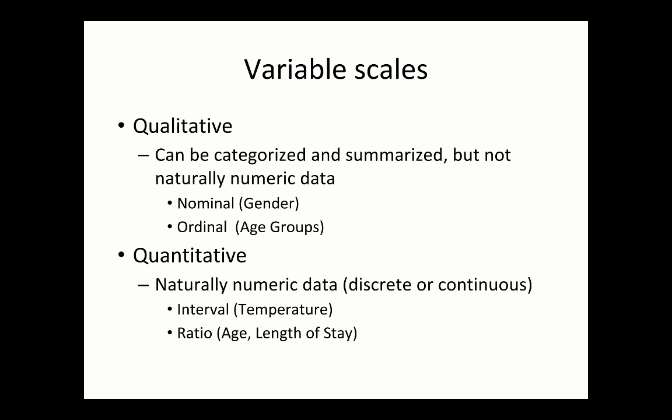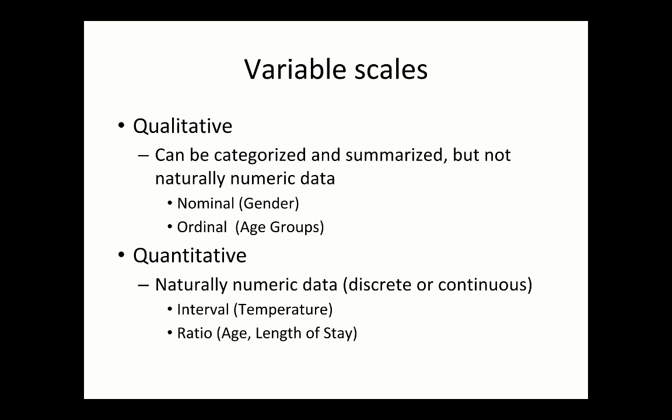Now, quantitative data is naturally numeric and takes on two main forms: interval and ratio. Interval data is numeric, where the distance between the two values has meaning. But if we were to multiply those values, it no longer has its meaning. A common example is temperature, where you can look at a temperature and it can take on many different values, and two temperatures can be compared.